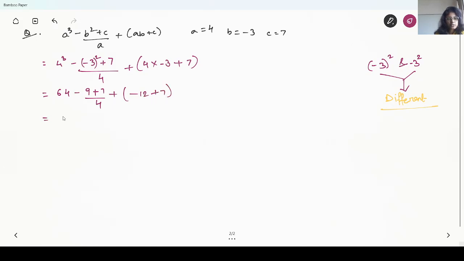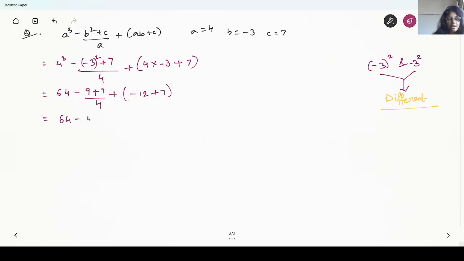So we get 64 minus. Now, when we are calculating this, we are not taking this into account. This negative sign is before this entire fraction and not before this line. So we will just calculate this and put it after the negative sign. This negative sign is before this entire thing, I'm telling you again.